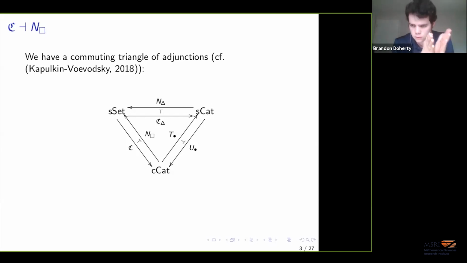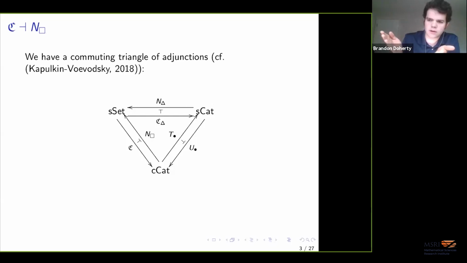The homotopy coherent nerve factors through cubical categories via this functor from simplicial categories to cubical categories that basically applies the right adjoint of the triangulation functor to all of the mapping spaces in a simplicial category. So we can apply that and then apply this cubical homotopy coherent nerve to get the original homotopy coherent nerve.